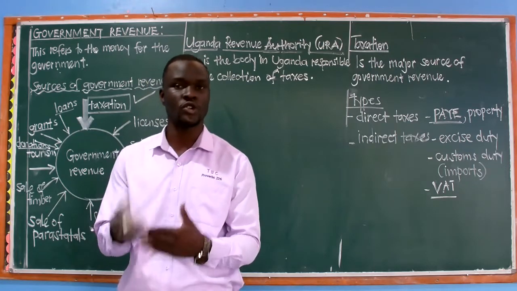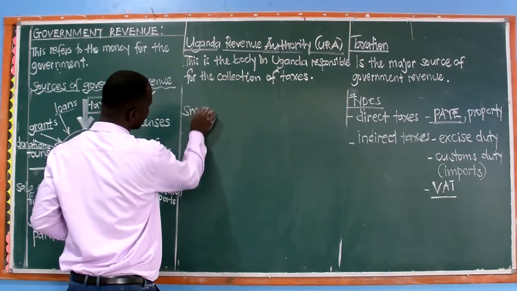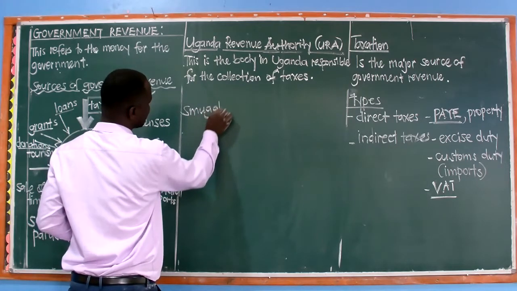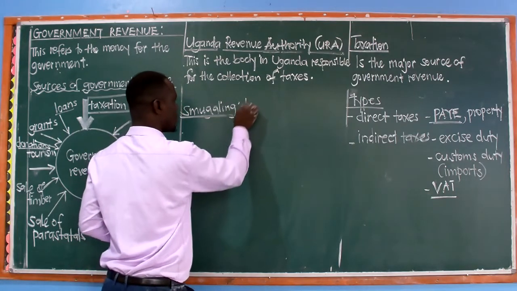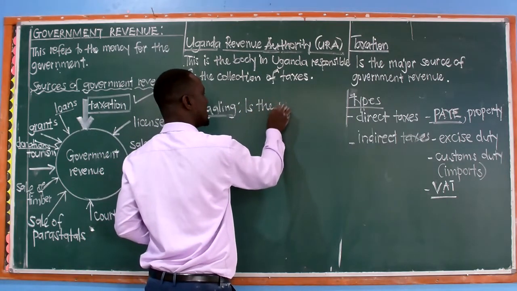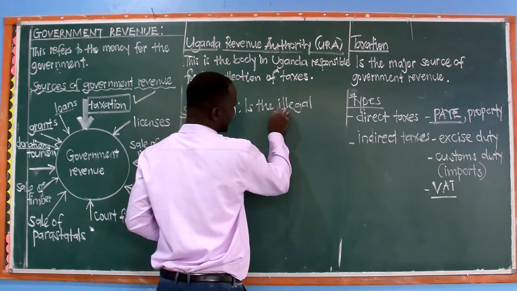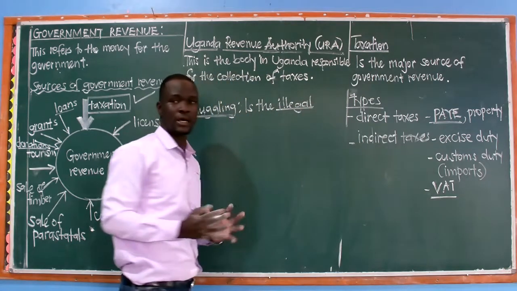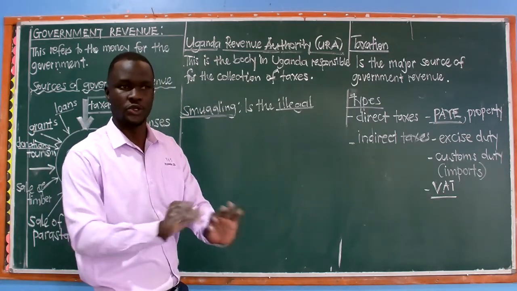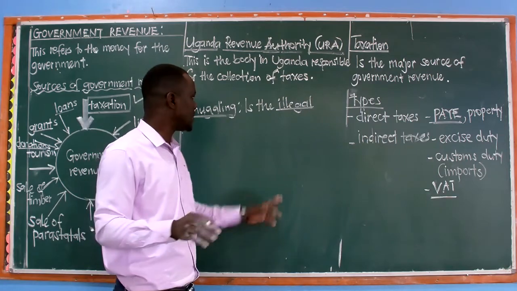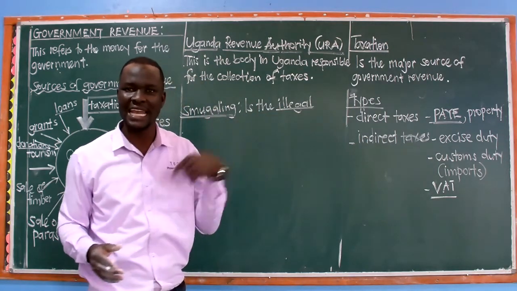Next is to control smuggling. We shall be able to understand smuggling as something which is illegal. Illegal is the opposite of legal, which would be allowed. It is official. You do it, everyone is okay with it. But if it is illegal, it is the opposite, which means it's not allowed.